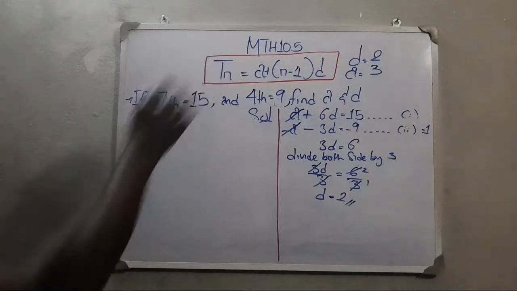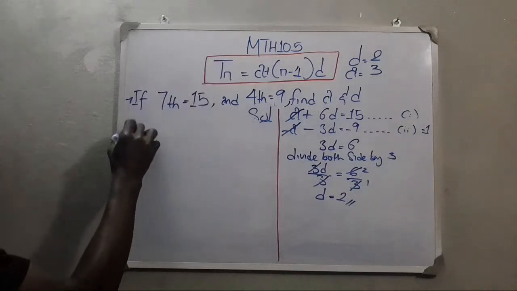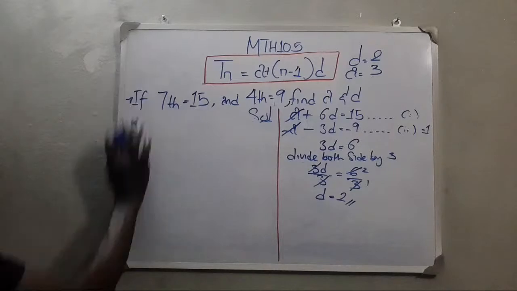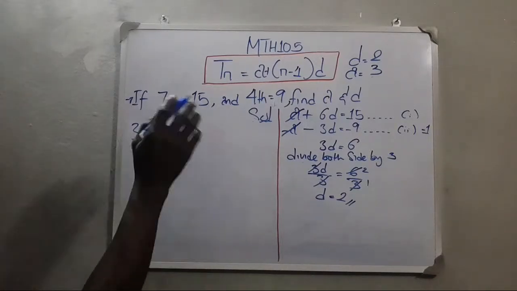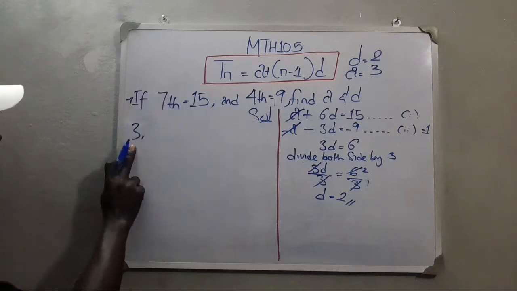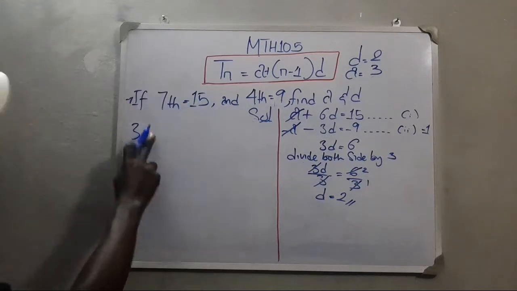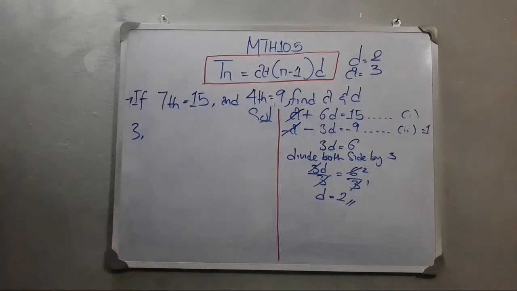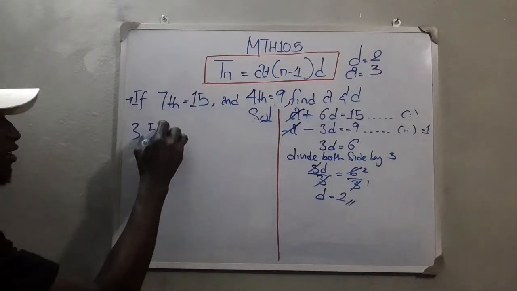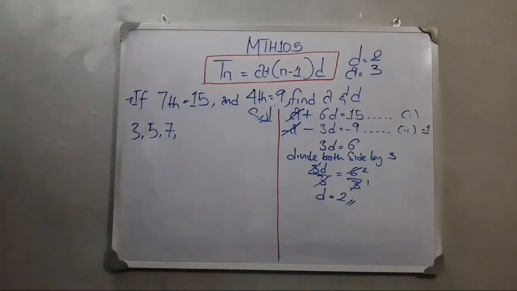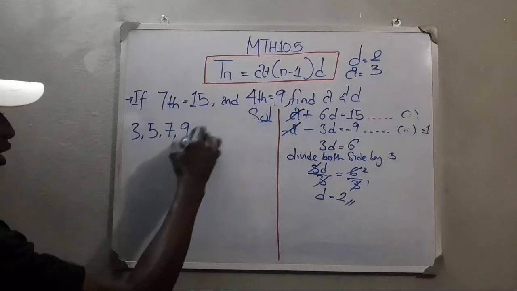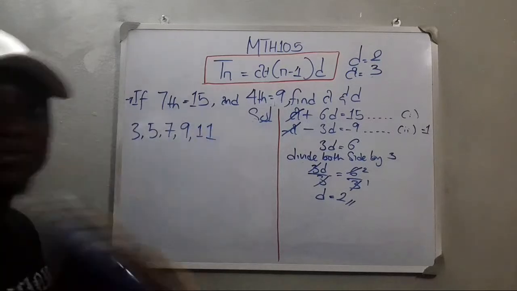So now we have A is 3, which is the first term, and the difference is 2. So what should be the next term? The next should be 5. This should be 7, and the next should be 9, and this should be 11. Now let's confirm.